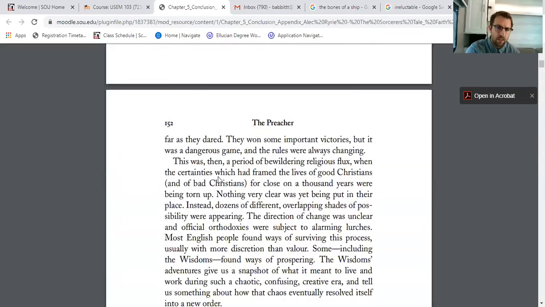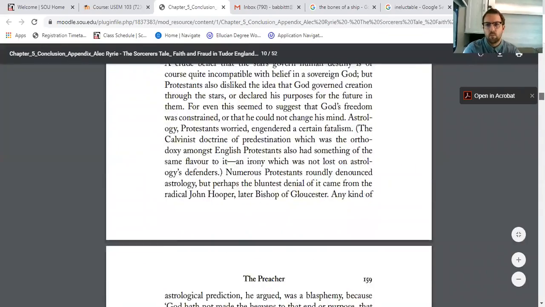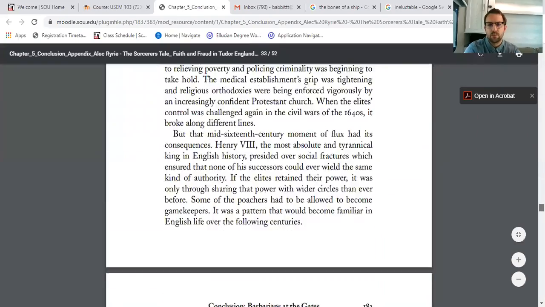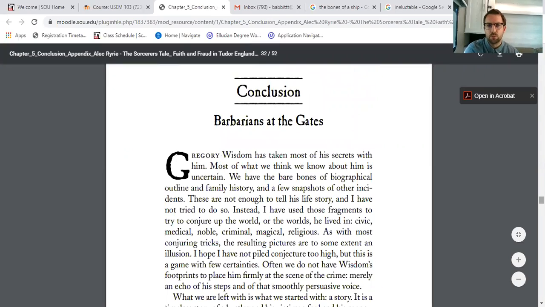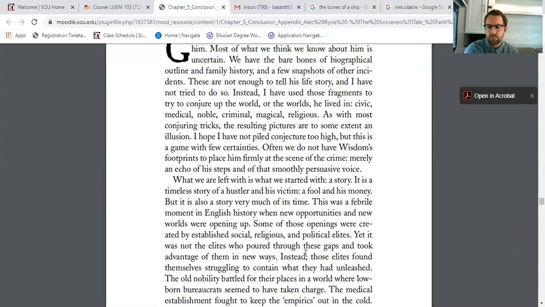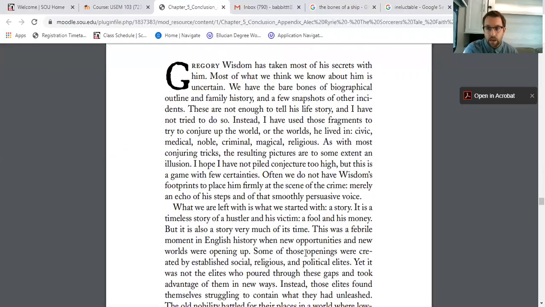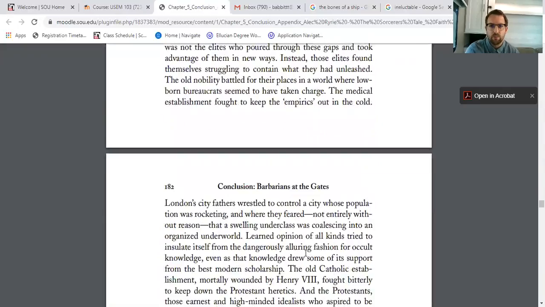You do not have to read the conclusion or the appendix. The only reason I put them there was in case you had time and wanted to look at it a little more deeply, to get the author's perception of why this tale was constructed, which is pretty interesting if you haven't read it already.